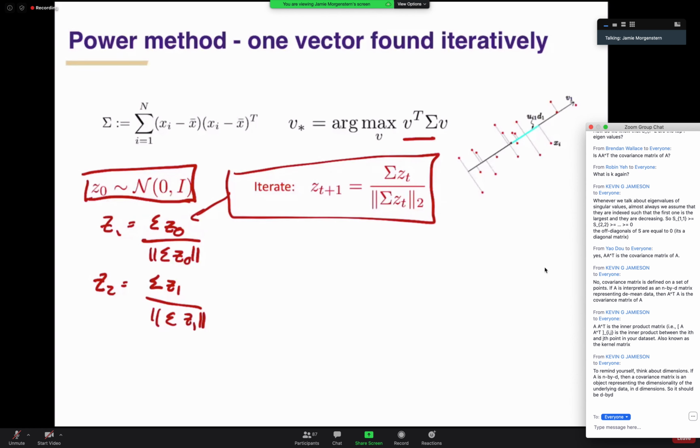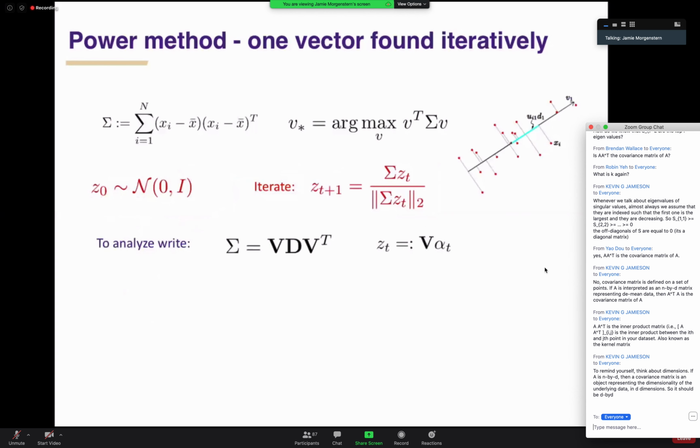But if we want to follow our nose, there's a nice way we can interpret this, and this is the way we want to do it, as follows. Okay. So remember that this is X transpose X, our covariance matrix here.